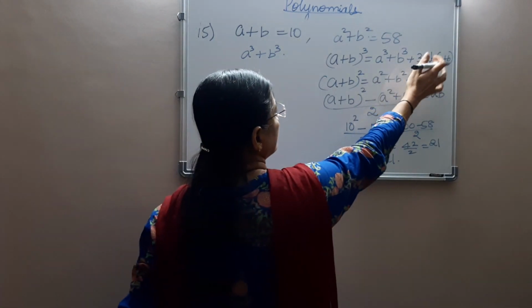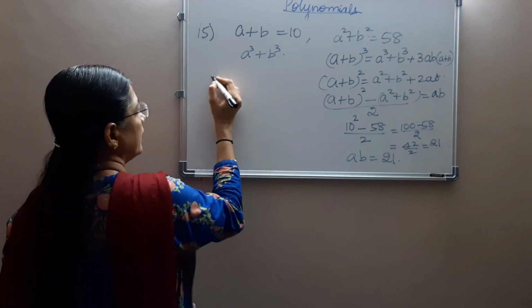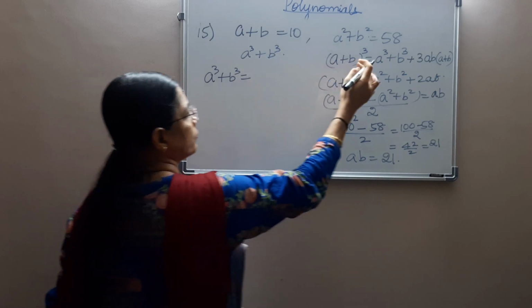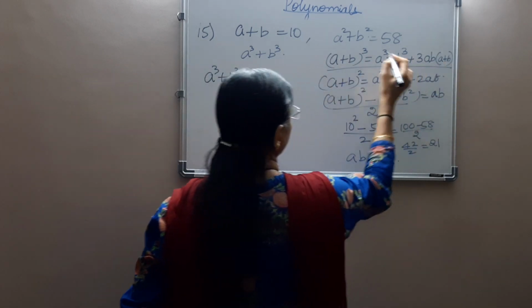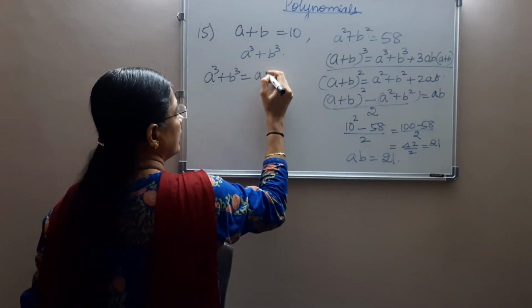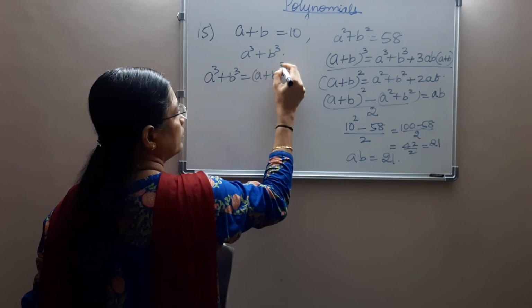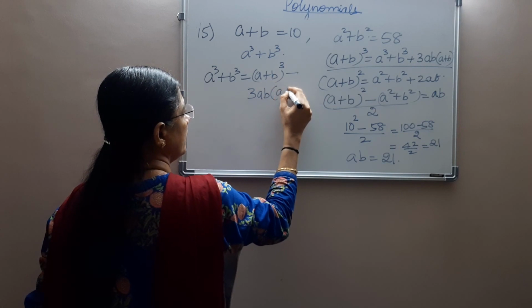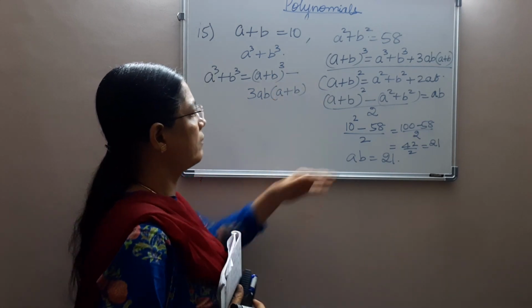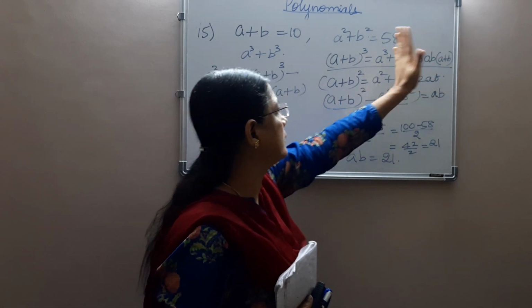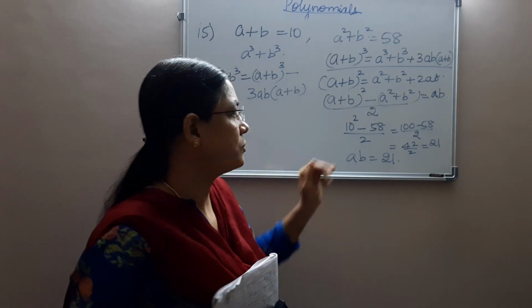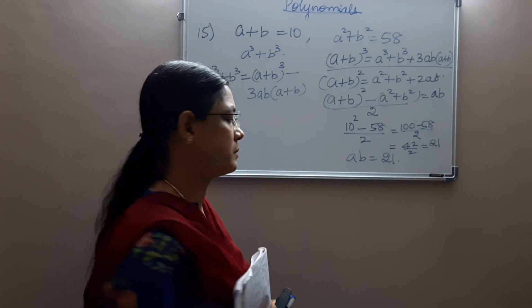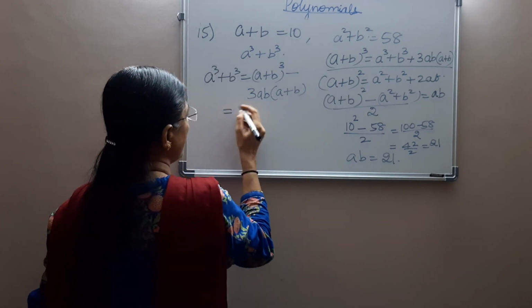Now substituting the value here, from this term I take a cube plus b cube is equal to a plus b the whole cube minus 3ab into a plus b. Do you understand? I bring this 3ab into a plus b to this side. But we have got the value for ab too.